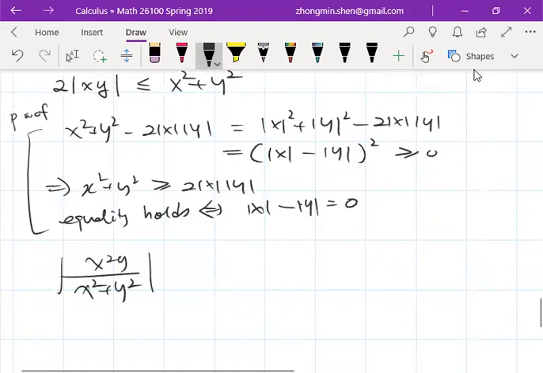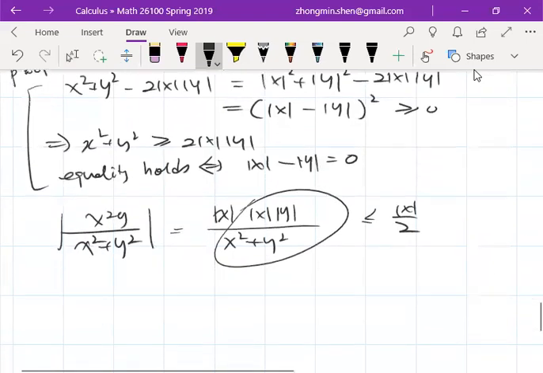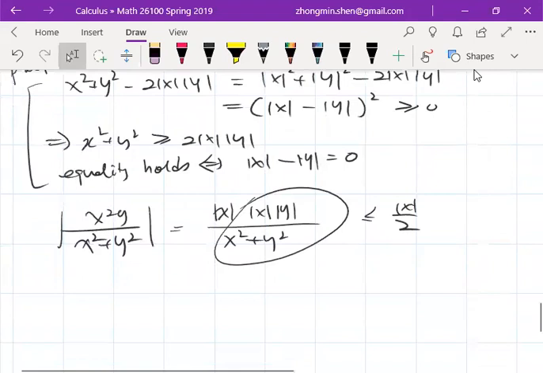Okay, make it easier. This is going to be |x| |y|, and this part is smaller than 1/2. How do you prove this is going to be 0?